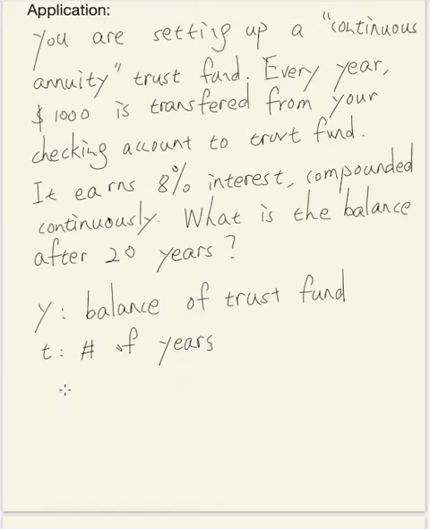Then we get the differential equation dy/dt equals 1000 plus 8%, which is 0.08, times y. Okay, so this becomes a first order linear differential equation problem.